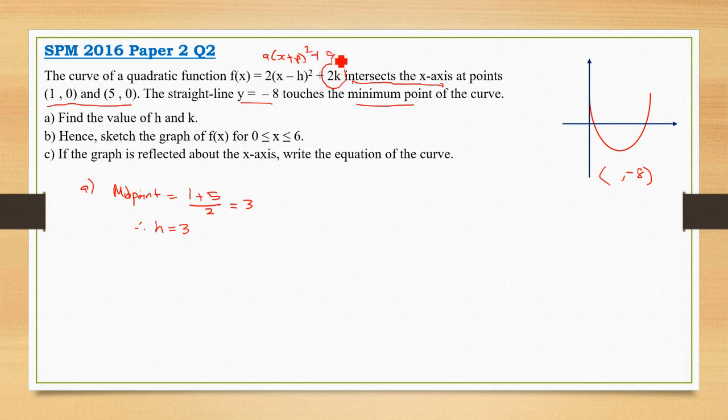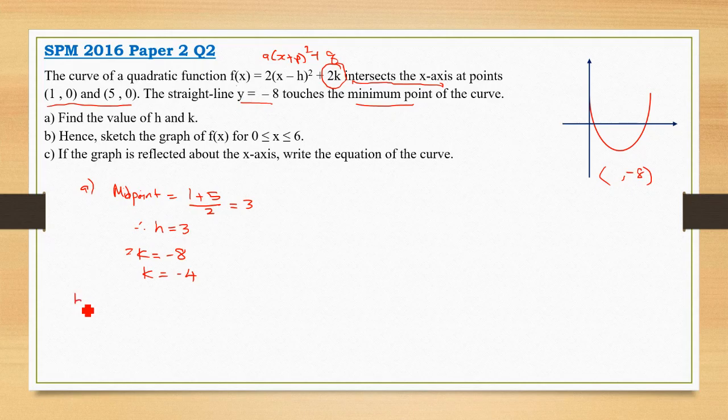This q shows you the maximum or the minimum point. In this case, it's the minimum point, and your q now is 2k. So your 2k is equal to -8. So what is your value of k? -4. So you have solved your part A.